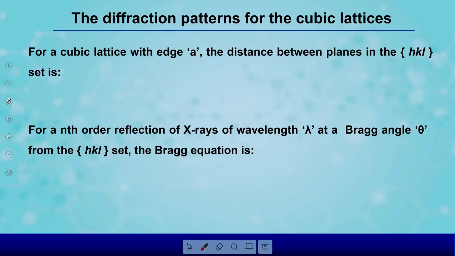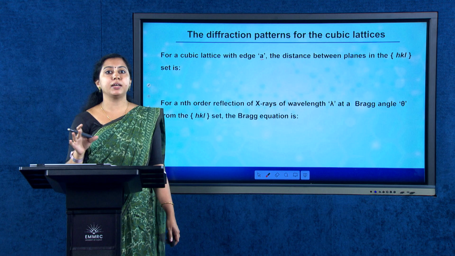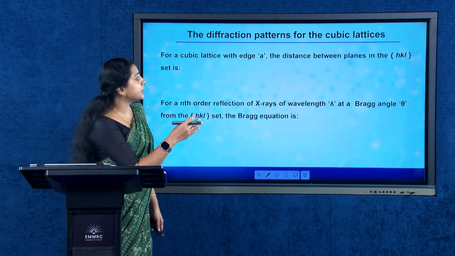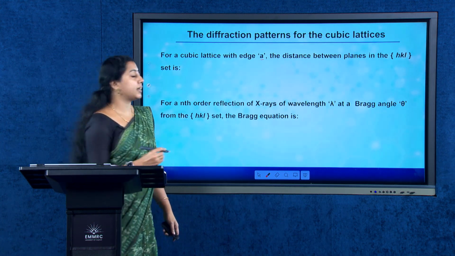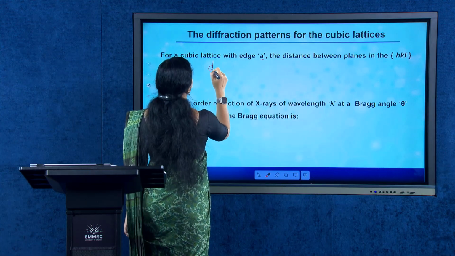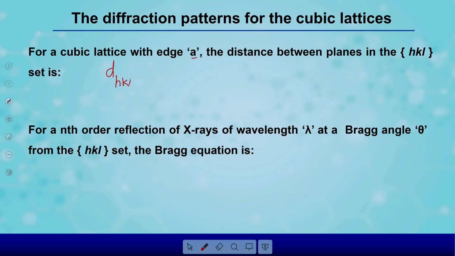For a cubic lattice with edge a, the distance between the planes in the hkl set, where h, k and l are the Miller indices representing each plane, is given by d_hkl equals a by root of h square plus k square plus l square.